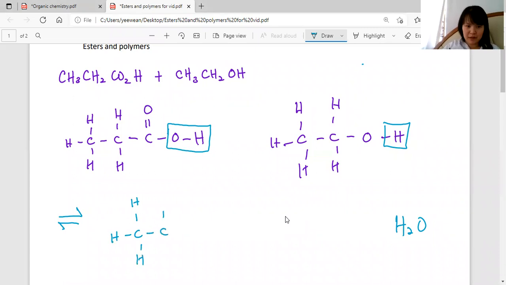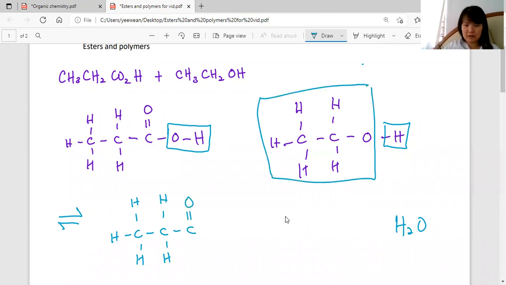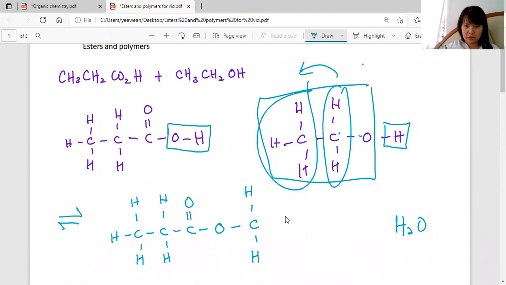There's 3 carbons there. And then I shall copy this portion. I need the O to be on this carbon. So the O is attached to a CH2. It's sort of flipped to the other side. And a CH3.